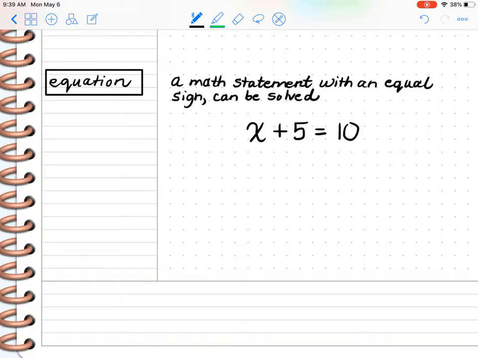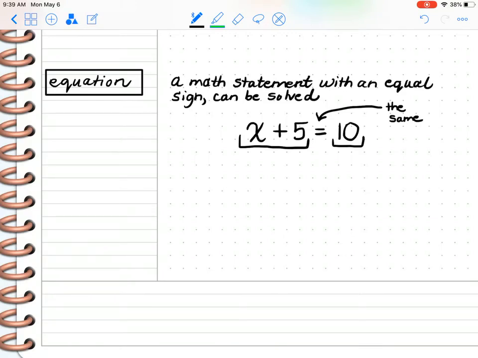That is what makes the equation, the equal sign. So what I am wanting to say is that 2 sides are equal, that this amount on the left and this amount on the right are exactly the same. That's what equation means.